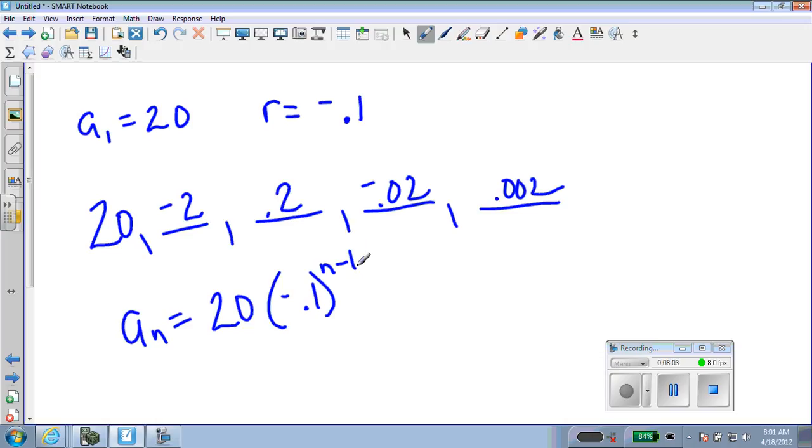Again, we're getting alternating. What causes that alternating in a geometric sequence is a common ratio that's negative, because a negative multiplied by a negative is going to be positive, and a negative multiplied by a positive is going to be negative. So you can create an alternating sequence. One of the ways to do it is as a geometric sequence with a common ratio that's negative.